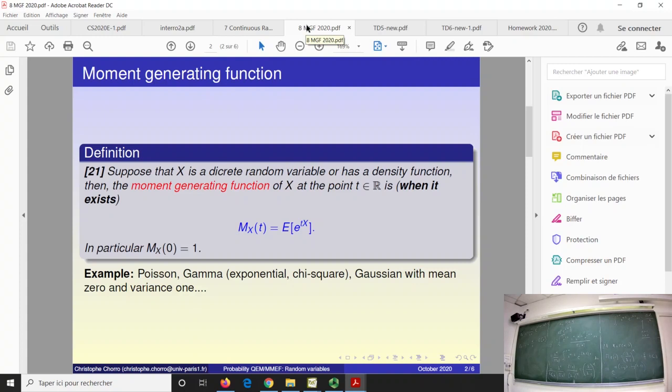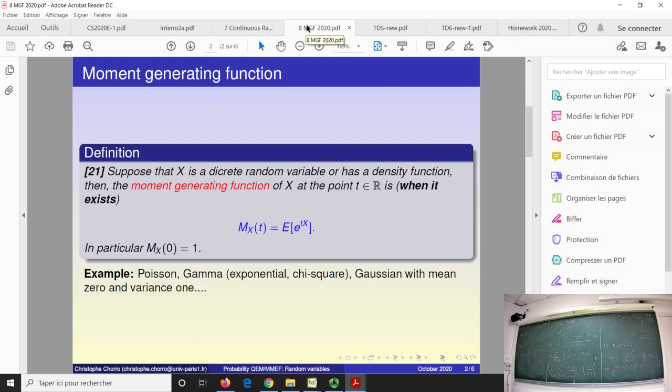Last example. I have done the job for a gamma. According to what I have done in exercise 5, I know that an exponential of parameter lambda is just a particular case of a gamma: exponential of parameter lambda is just gamma(1, lambda).